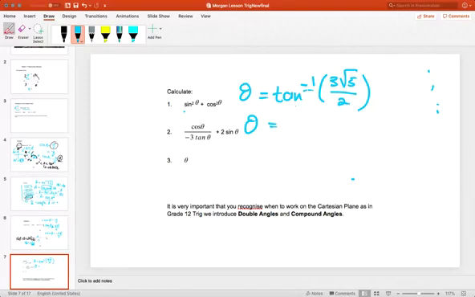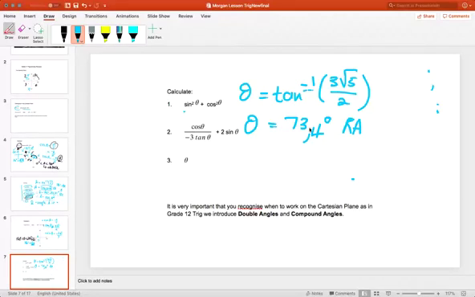So we press shift on our calculator, open the fraction sign, and then we've got 3 root 5 over 2. And remember to close your bracket once you've substituted. And we see that we get 73,4 degrees. That is your positive reference angle.